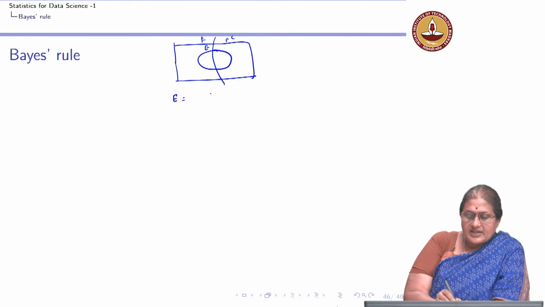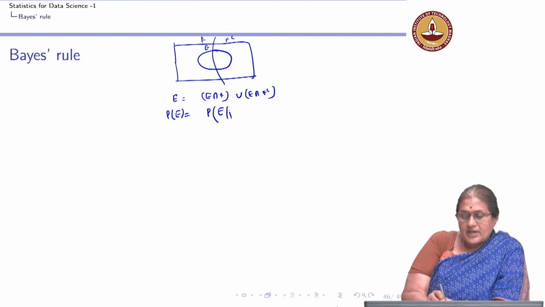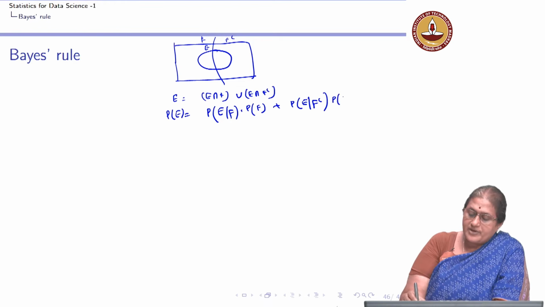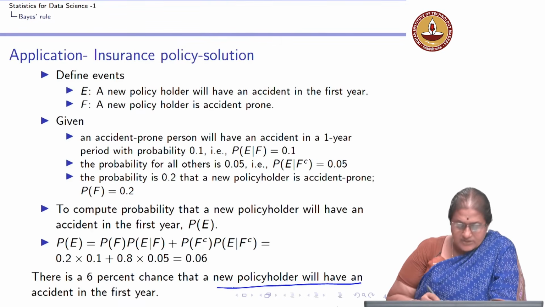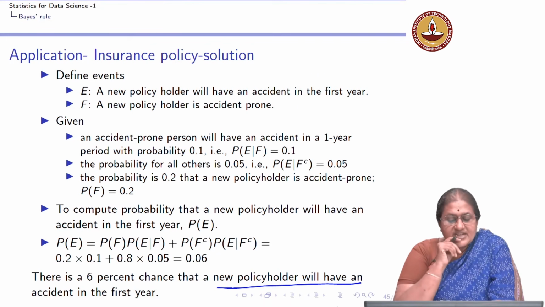I can write E as E intersection F union E intersection F complement, to give the law of total probability, which is probability of E given F into probability of F plus probability of E conditioned on F complement into probability of F complement. Now, suppose some additional information is given to us. For example, going back to this example, I am interested in knowing what is the chance that a new policy holder will have an accident in the first year.